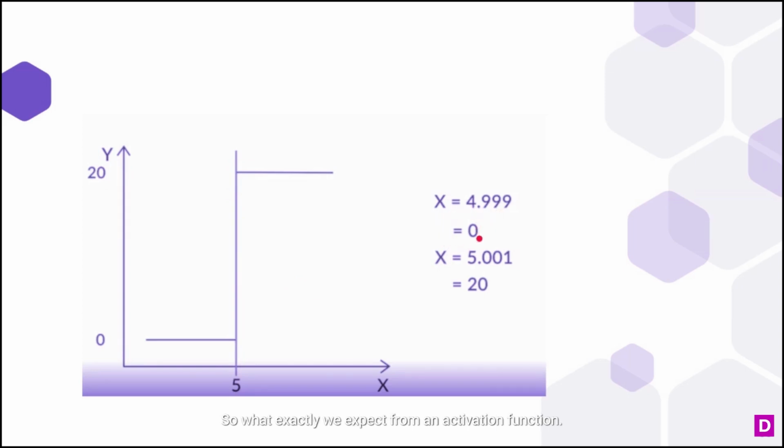So what exactly do we expect from an activation function? As a ground rule, the activation function will sit in the output layer. What would it generally do? It will apply a certain function on the cumulative summation of the input signals.